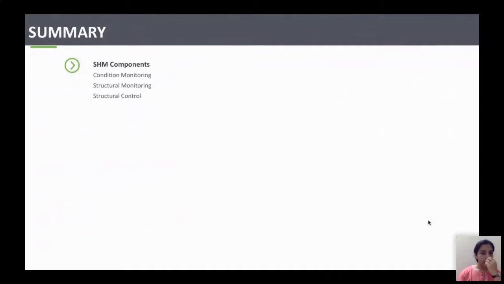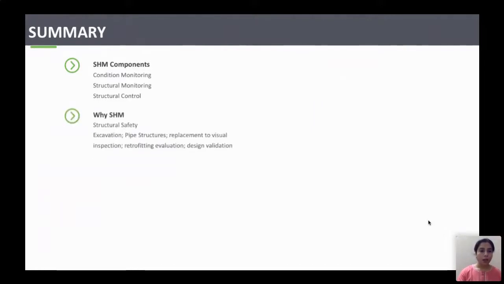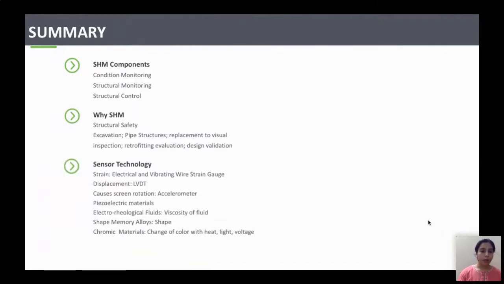So in summary, we have learned about different components of structural health monitoring, the condition monitoring, structural monitoring, and the structure control, and why it is important. And then different sensor technologies. For example, for measuring the strain, we have electrical and vibrating wire strain gauges. For displacement, we have LVDTs.